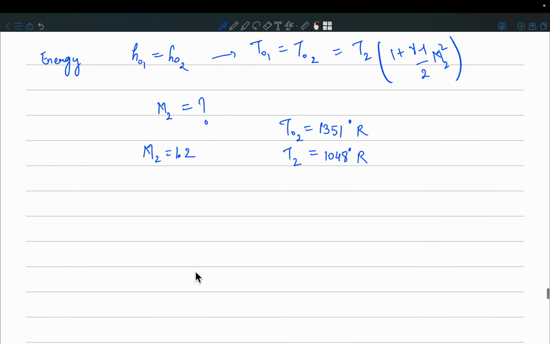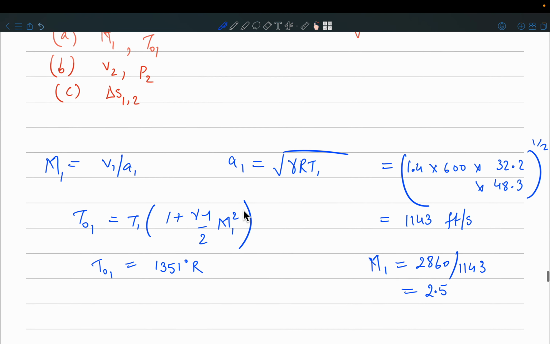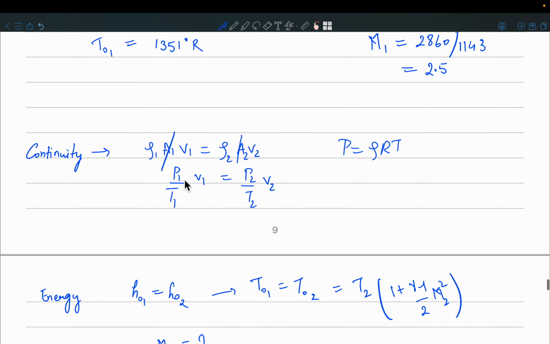Okay. Then what will you do? Once you know M2 and you know T2, what can you find? What do we need? We need V2 and P2. So if you go to continuity equation, you know V1, P1, T1, but you don't know V2 and you don't know P2.